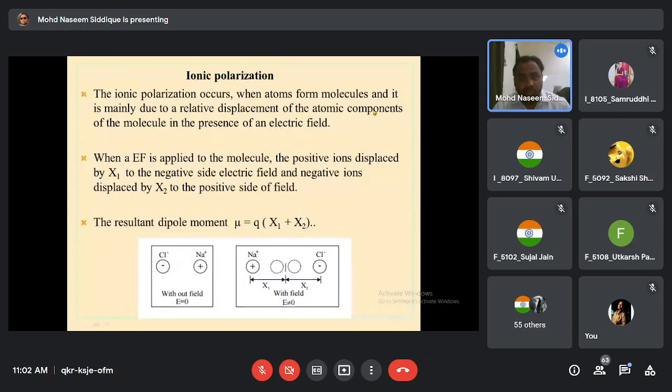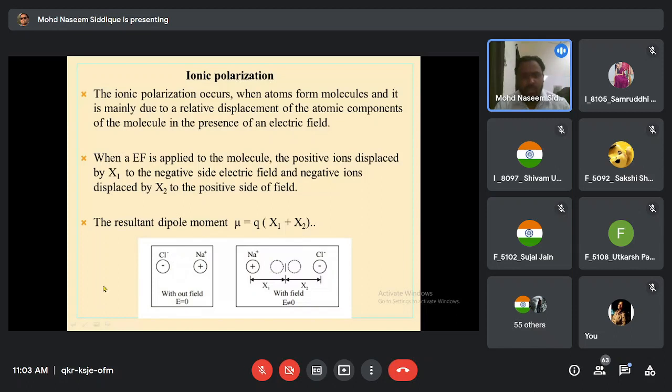The ionic polarization is mainly due to a relative displacement of the atomic components of the molecule in the presence of the electric field. When an electric field is applied to a molecule, the positive ion is displaced by x1, as you can see in the picture. This is a special case; I have taken sodium chloride. Na positive is a cation and Cl negative is the anion.